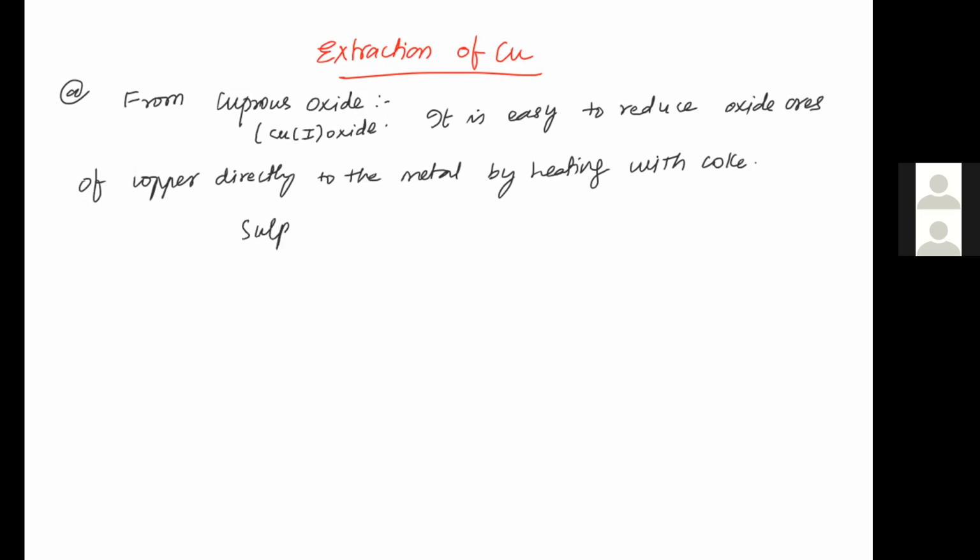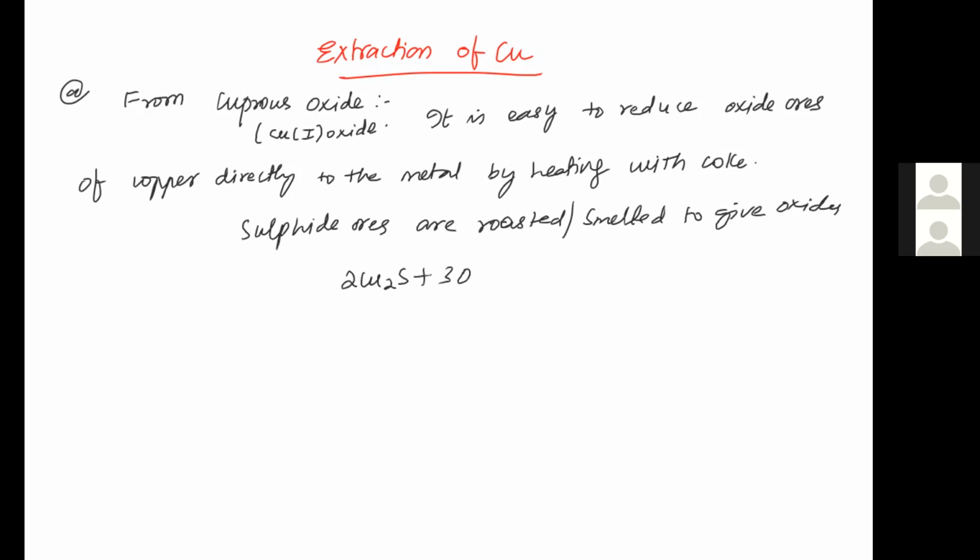So sulfide ores are roasted or smelted to give oxides. So copper sulfide reacts with oxygen to give copper oxide plus acid.